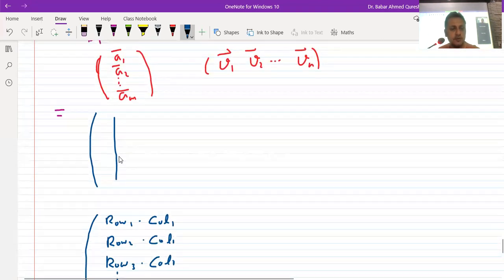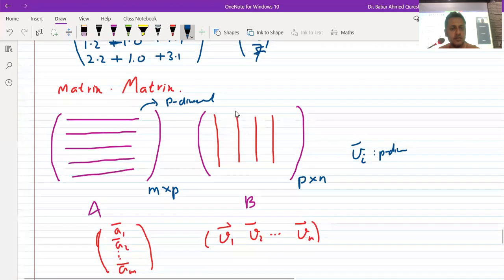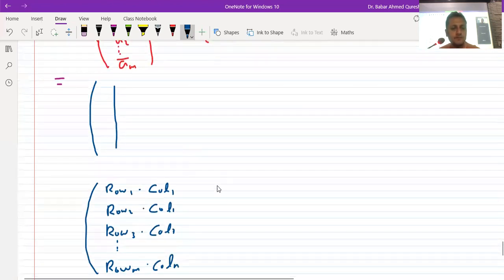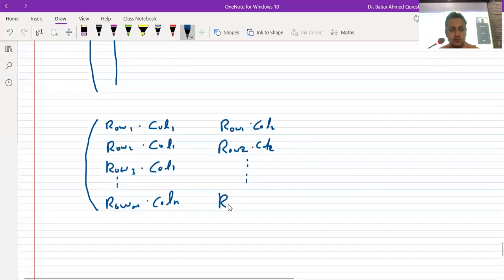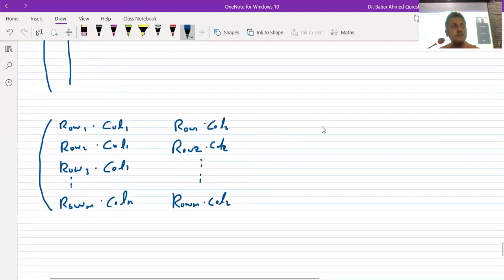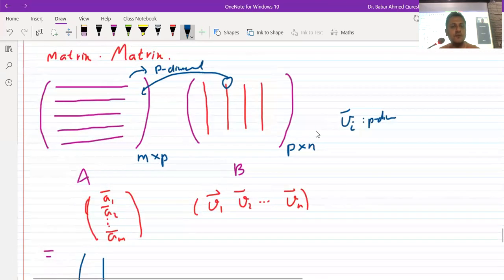So you build up your first column like that, then you take your second one and start dotting them. Row 1 with column 2, row 2 with column 2, so on to row m, column 2. Keep doing it for all the columns. There could be nothing more obvious to do.